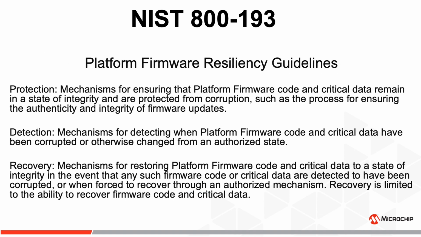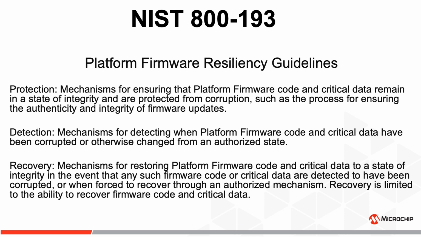As a response to a lot of the attacks that have been happening on the platform firmware, NIST, the National Institute of Standards and Technology, developed Special Publication 800-193 for Platform Firmware Resiliency Guidelines.